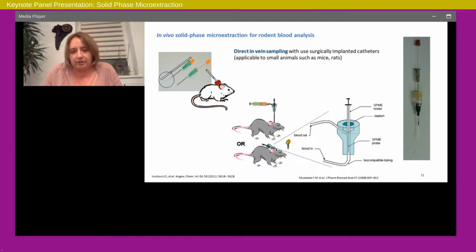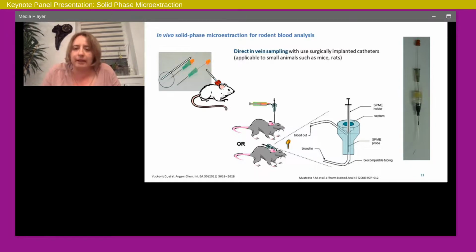So here you can see that there are basically different designs. One which is in the middle. This is basically the interface, which is like a loop. So one end is inserted into one vein of the animal, and then the other end, it goes back to the animal. So the blood circulates through this interface.